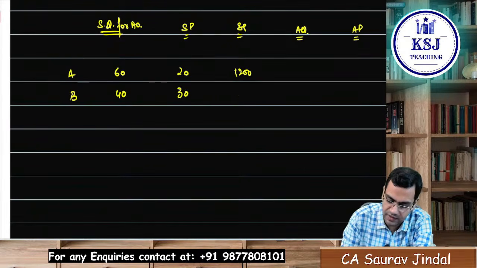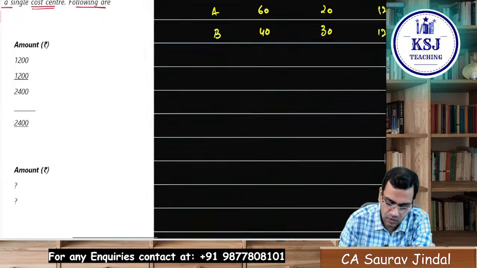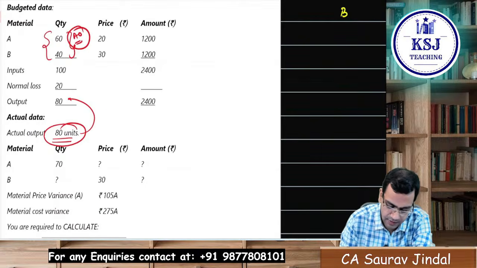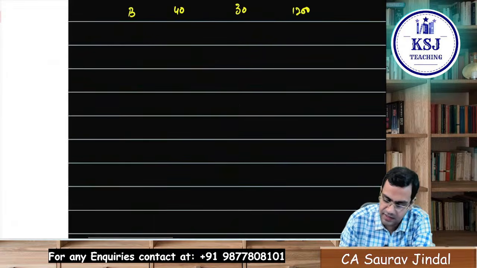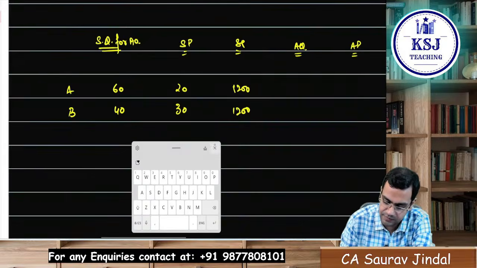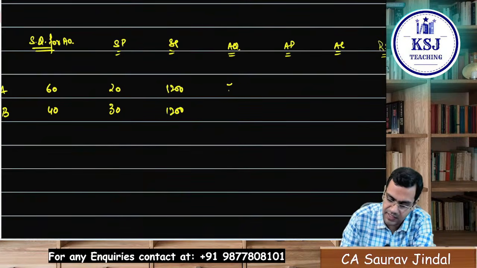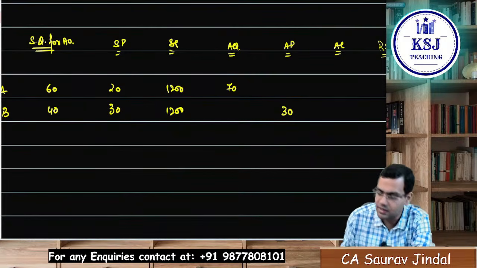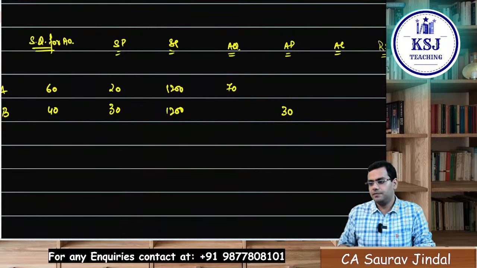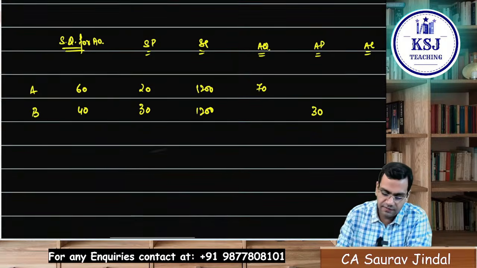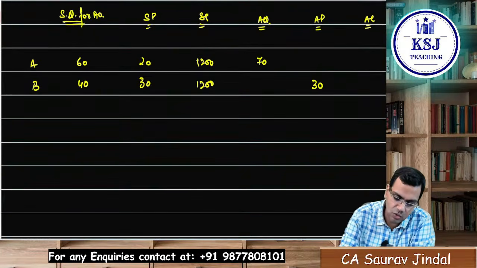Standard cost 1200 and 1200. Now actual is given, 70 is given and 30 is the price that is given. No other information is available. Now he says he has given two variances.